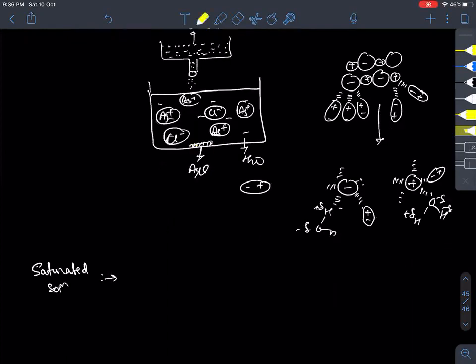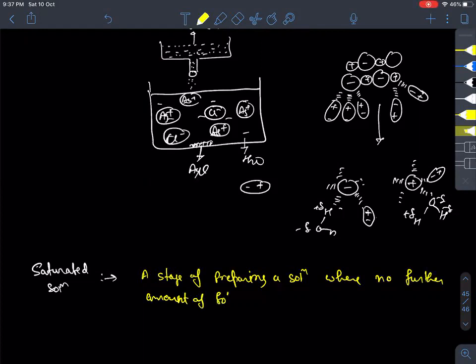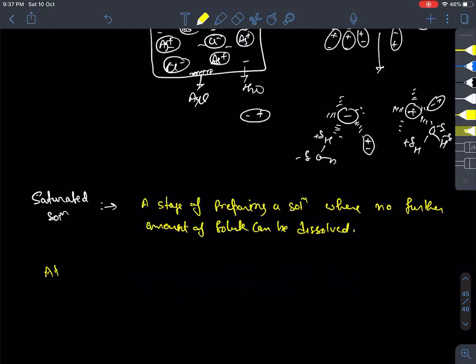So a saturated solution is a solution in which no further solute can be dissolved, a stage of preparing a solution where no further amount of solute can be dissolved.